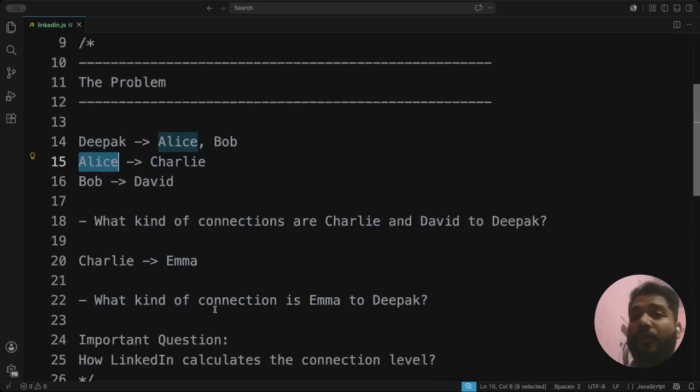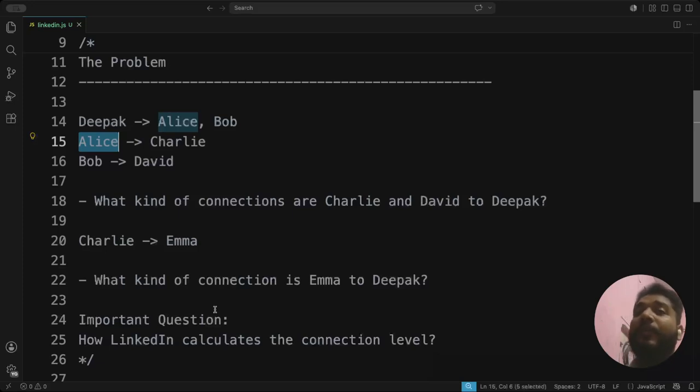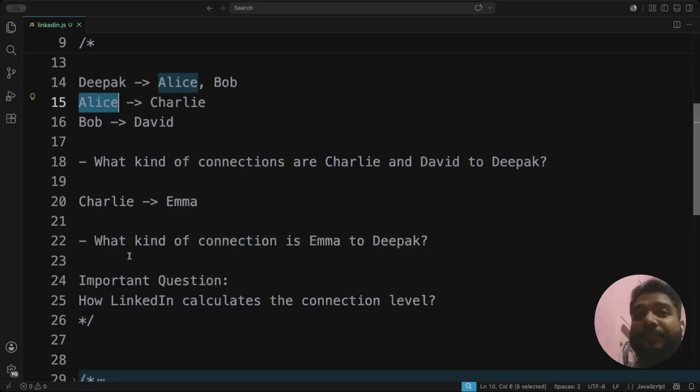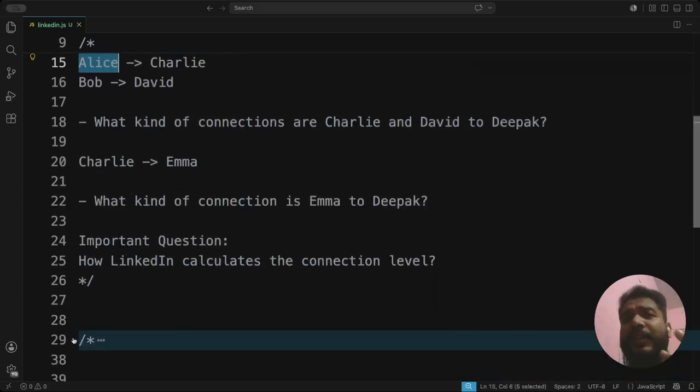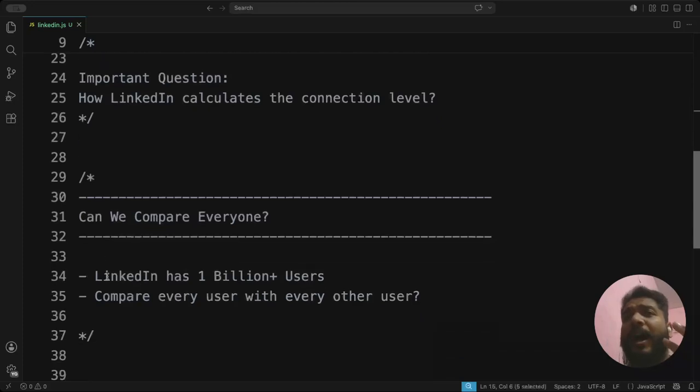So the important question is how LinkedIn calculates this connection level among billions of users. That's what we are going to understand today. First, let's think about how we can determine the connection level in a simple way. In simple terms, you can compare every person with every other person to get the connection level.